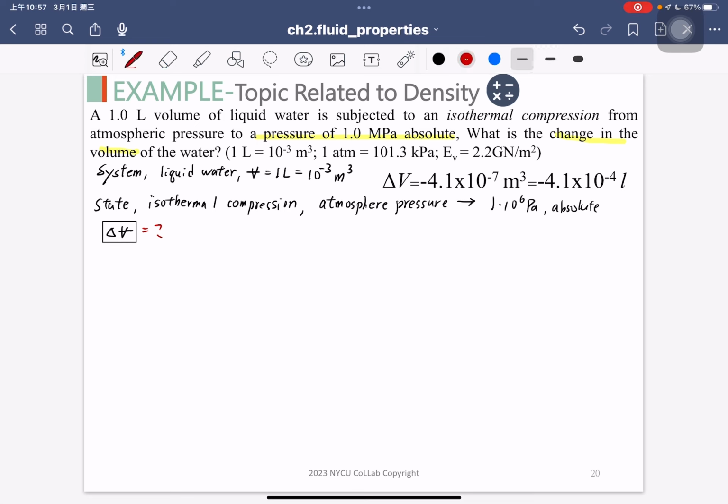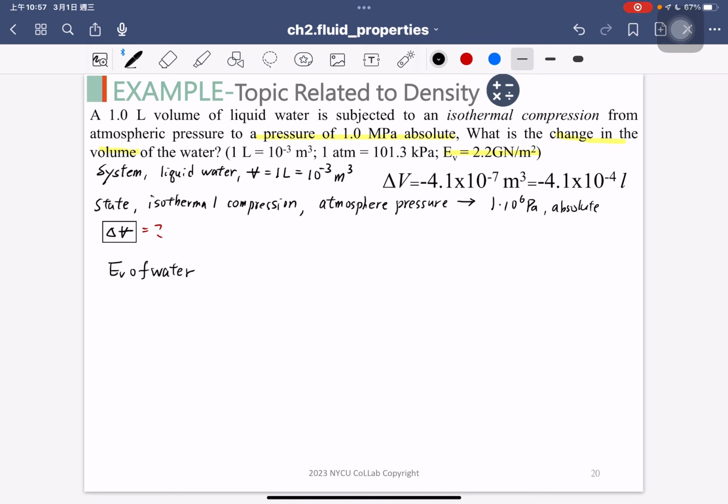We should check from the table, and then we can find the Ev value. You can see I wrote down the Ev value here for water. In the future, you may want to remember these numbers, especially for water. If we didn't know the Ev of the water, we could not continue solving the problem.